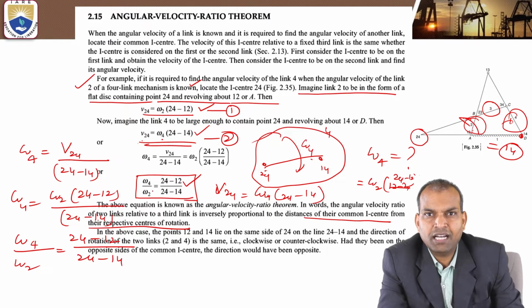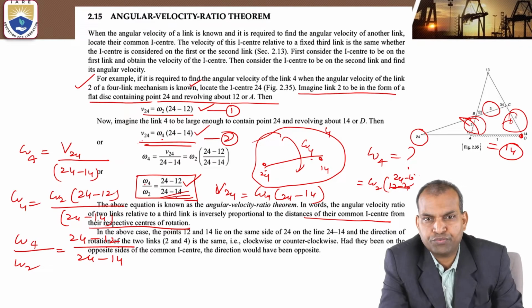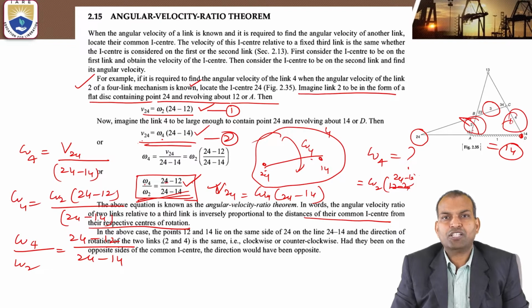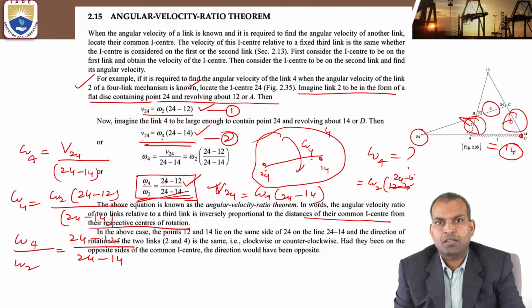What are the two links? 2 and 4, relative to a third link, which can be either 1 or 3. Here omega 4 is inversely proportional to I24I14, and omega 2 is inversely proportional to I24I12. This theorem is very important in order to find the unknown angular velocities of the links of a mechanism.